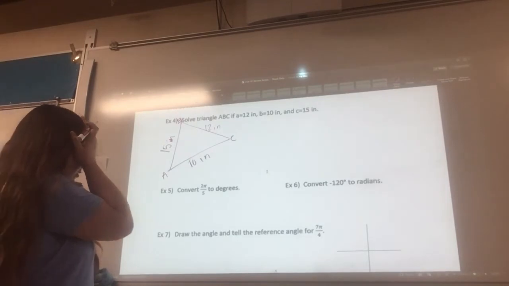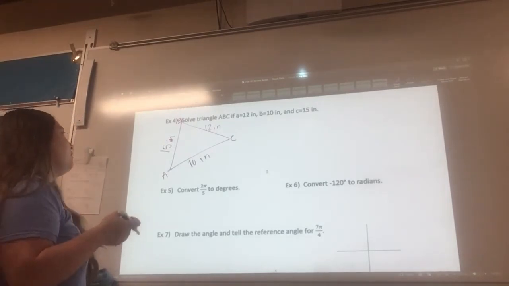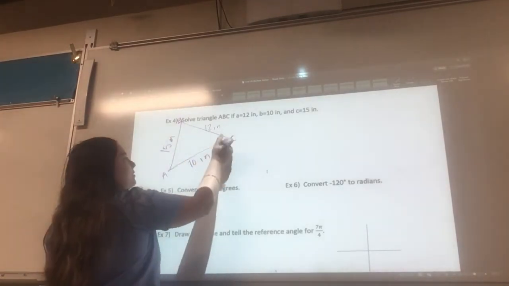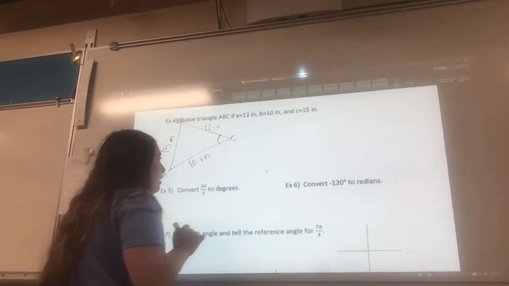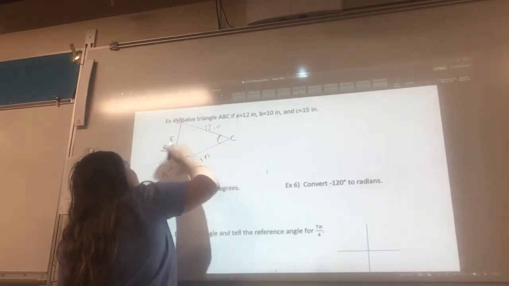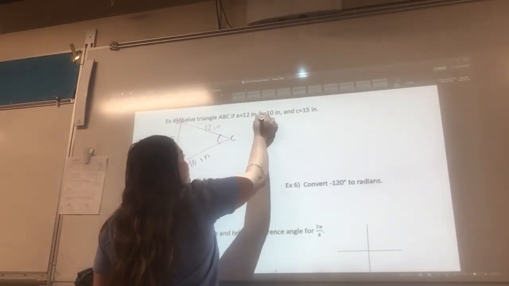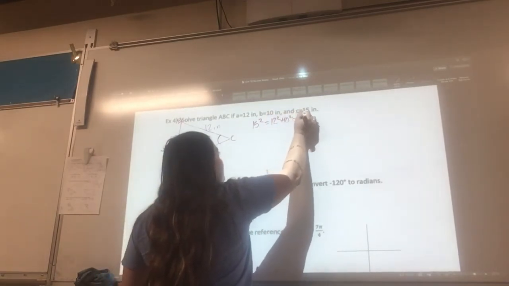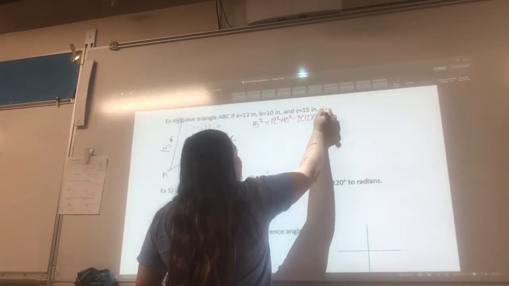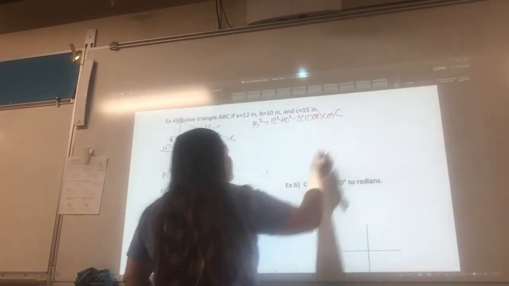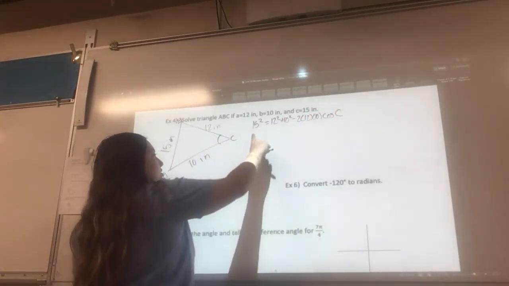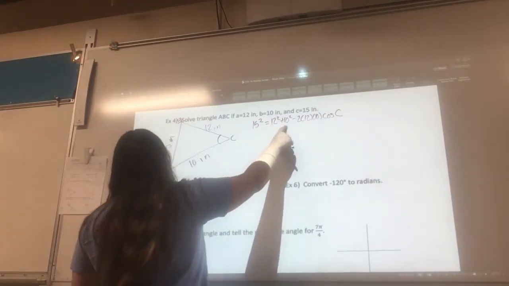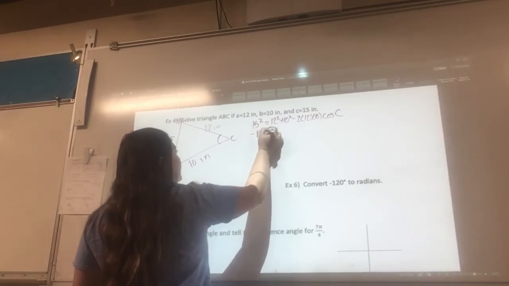Well, remember when we're using law of cosine and we are not given an angle, we need to find the largest angle. And it should correlate with the largest side. So we're going to be looking for C first. So knowing that we're looking for C first, we start with 15 squared equals 12 squared plus 10 squared minus 2 times 12 times 10 cosine of our unknown C. So we should be taking 15 squared, we're going to subtract 12 squared and 10 squared, you get negative 19.